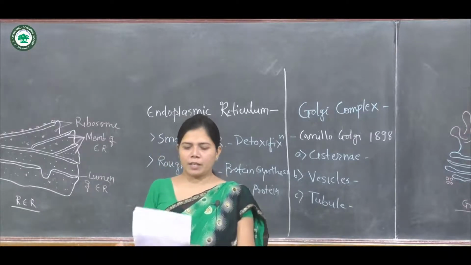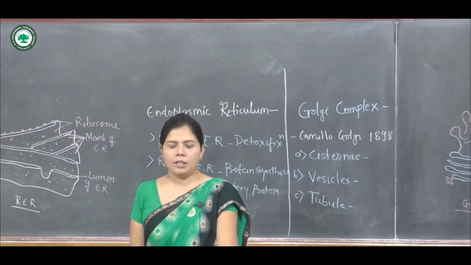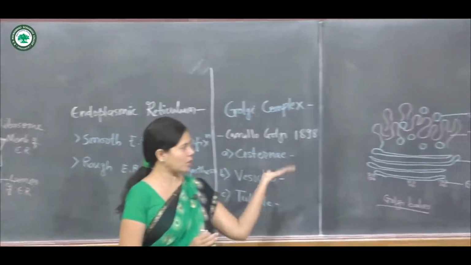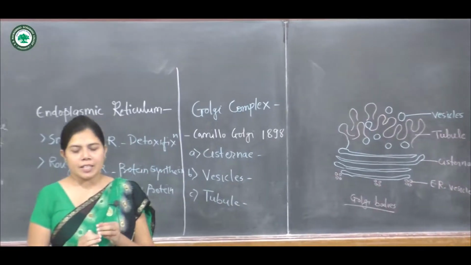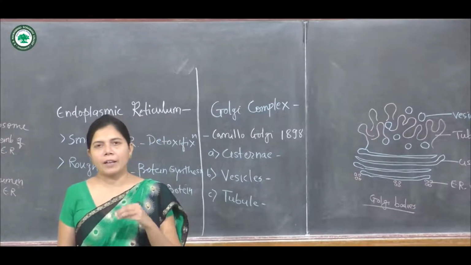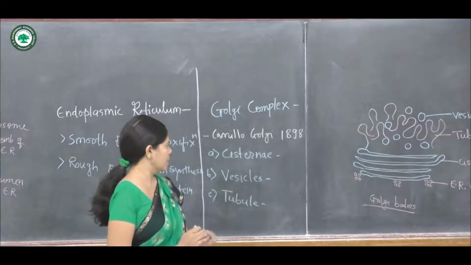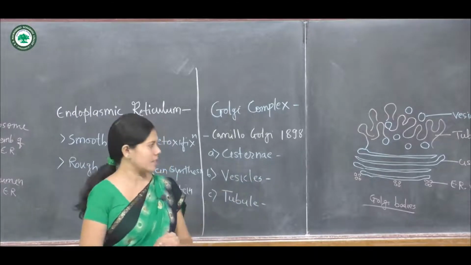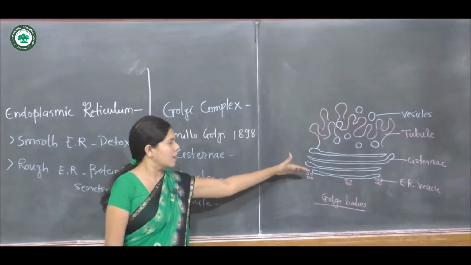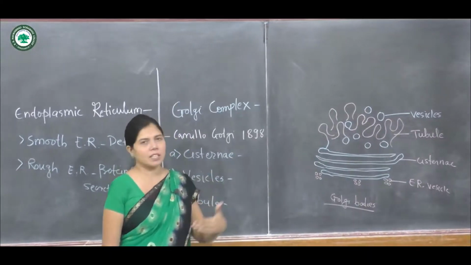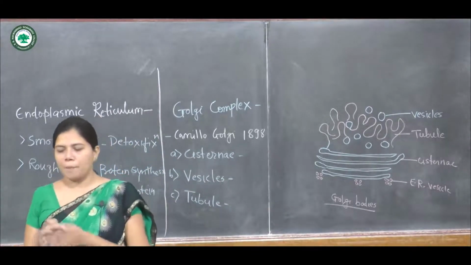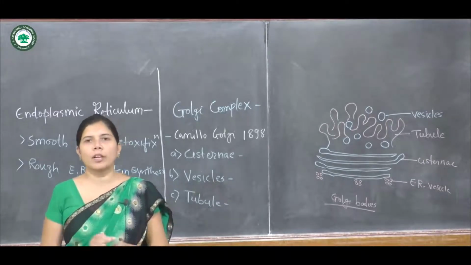Now the structure of the Golgi bodies or Golgi complex. There is a central stack of parallel flattened sacs, which are known as the cisternae. In the diagram we clearly see the parallel sacs one above the other. The cisternae are flattened, elongated parallel sacs with swollen ends.